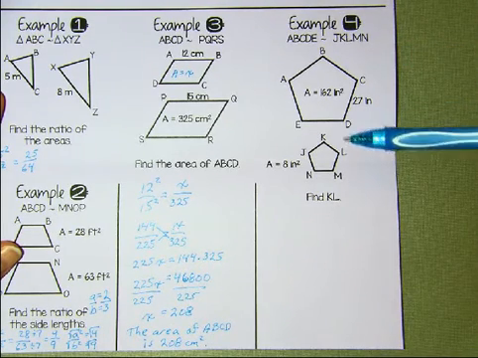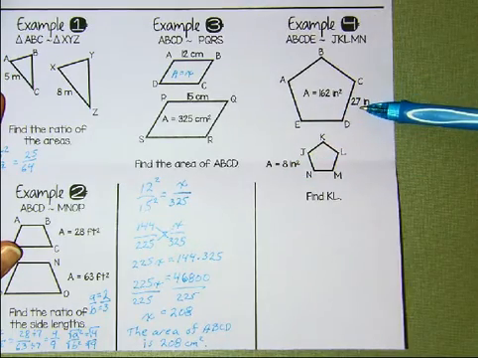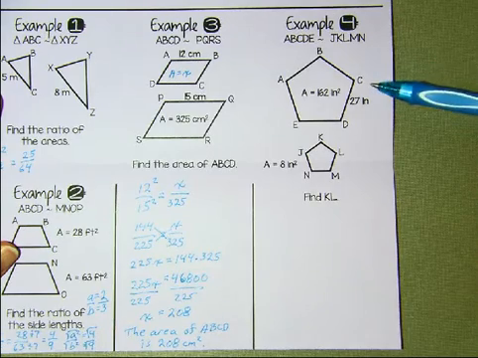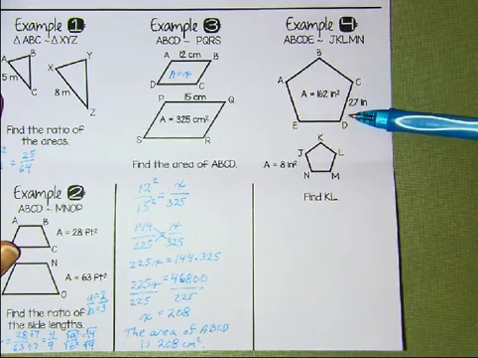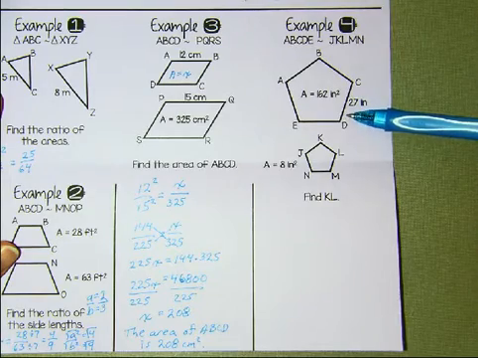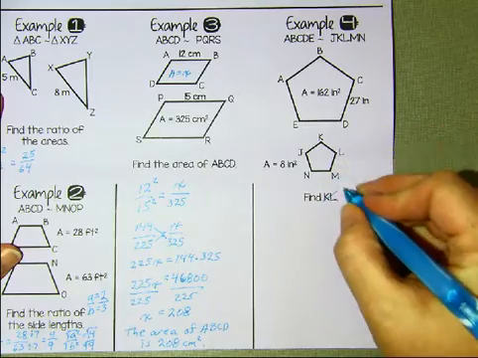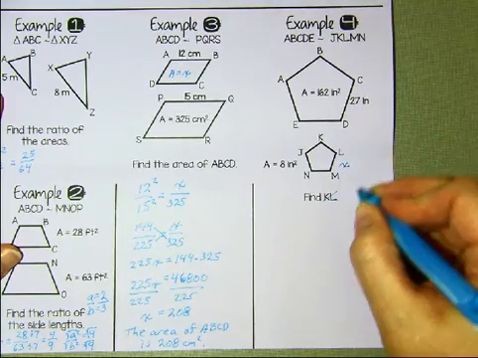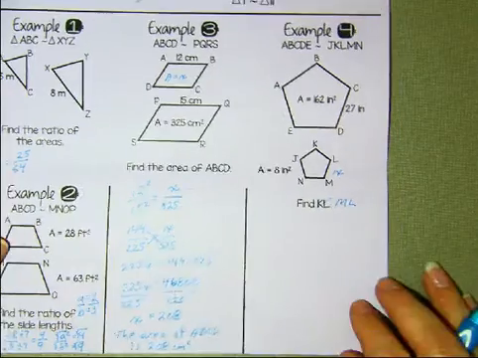This time they're giving us the two areas and only one side. They're asking us to find one of the sides. They gave us CD, and so in order to have corresponding pieces, we're going to change this KL and we're going to find ML. Okay, so just please change that on your notes to ML.